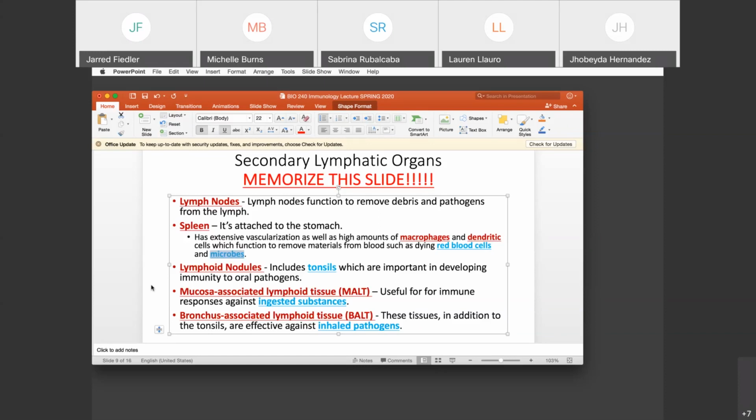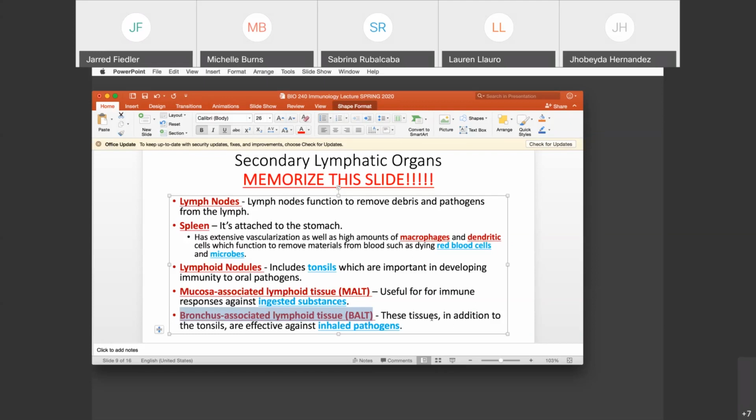This is one of the reasons why you can remove your tonsils when you get a little older, even as a pre-adolescent child, because your bronchus associated lymphoid tissue can pick up the slack. They can work a little bit harder.